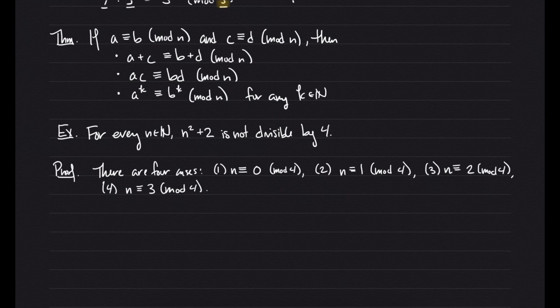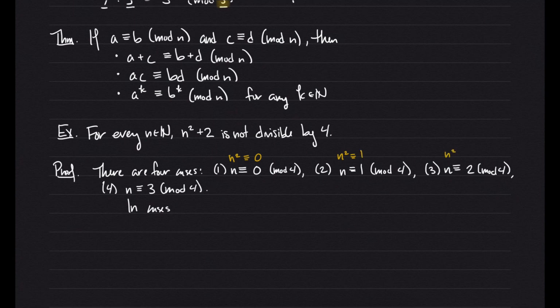Now we just evaluate n squared plus 2 mod 4 and see what happens. Let me write some little annotations. If we look at n squared, in case 1, that's going to be 0 squared, which is still 0. N squared here is going to be 1 squared, which is 1.